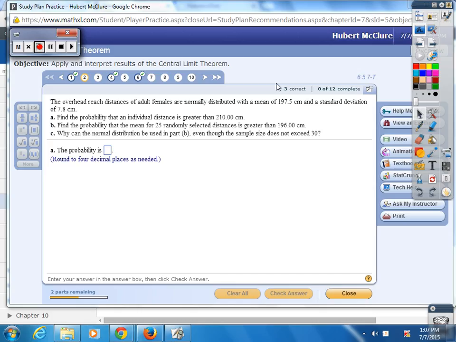Is that 6.3, 6.5? 6.3, Hubert. That's right, class. Find the probability that the mean for 25 is greater than 196. What is that? 6.3, 6.5? 6.5. And then C. Why can the normal distribution be used in part B even though the sample size does not exceed 30? We'll get to that. Don't worry about that. Just do A and B.